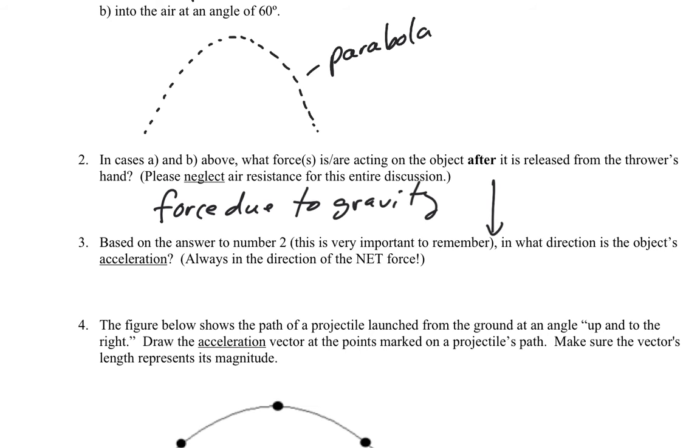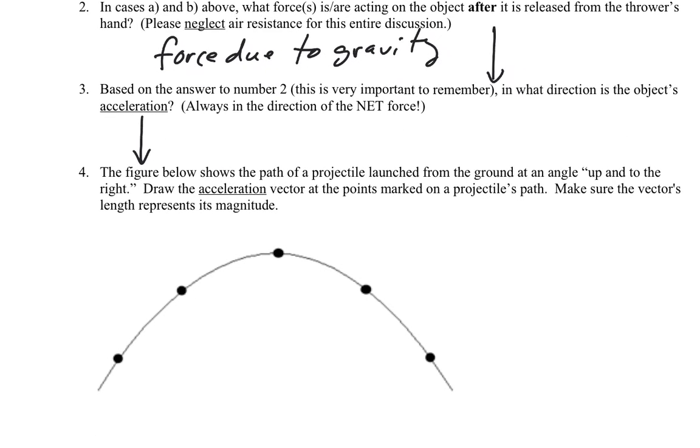So if that's the case for number 3, that means our acceleration has to point directly down. It can't be at all in the horizontal direction, okay? So when we look at figure 4, and we're asked to draw the acceleration vector at the points marked on the path, you should have drawn a vector, and I'm not doing a very good job here. Should have drawn vectors that were going straight down, and they should all be the same size. So if you're doing that in Notability, you can just copy and paste the vector as you go.